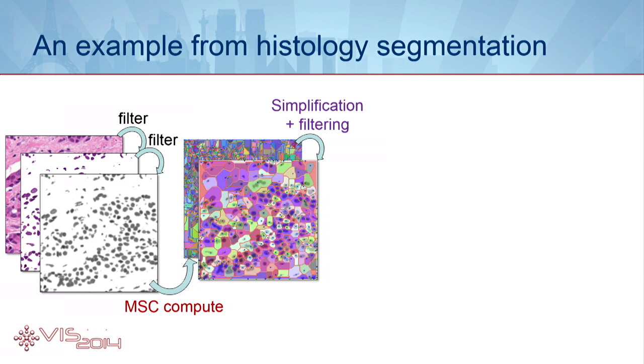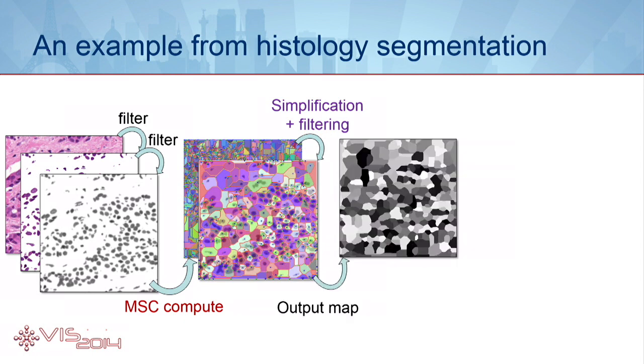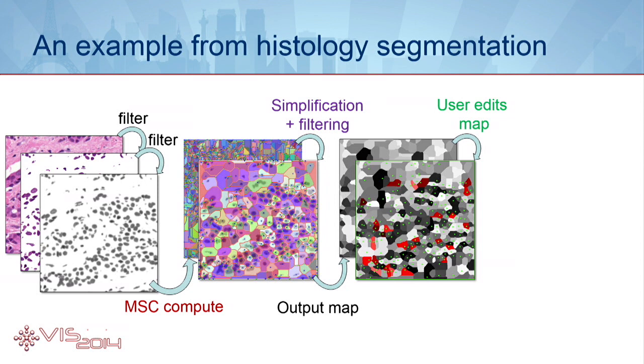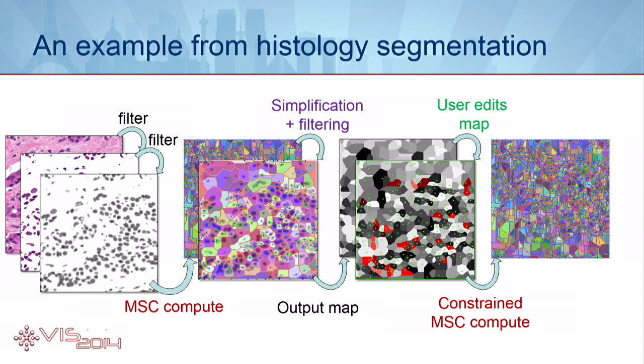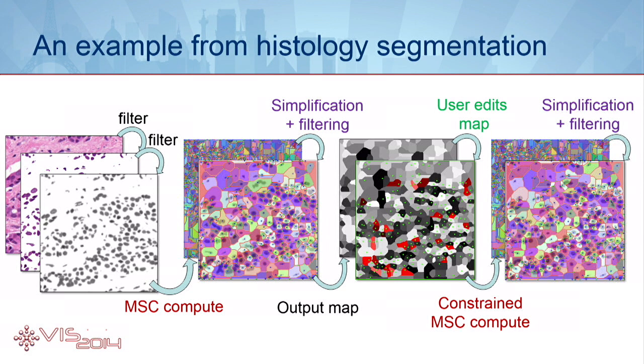They're in some other part of the data. They're going to create errors in the segmentation as well. So instead, I can just go ahead, output the map, split those regions, and then recompute the conforming Morse Smale complex, apply the same simplification and filtering pipeline, but now that green region is correctly separated.